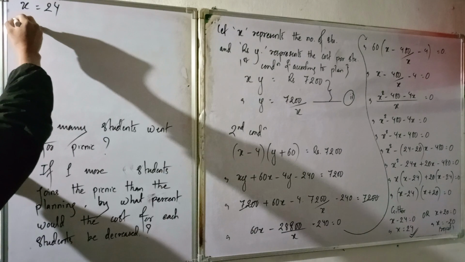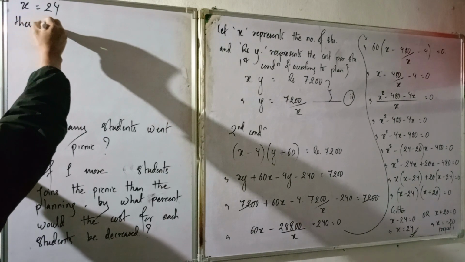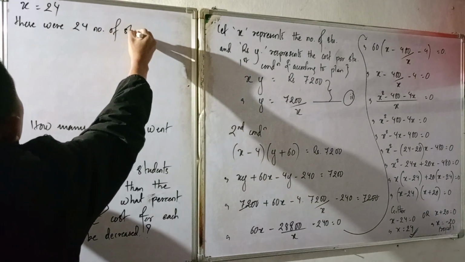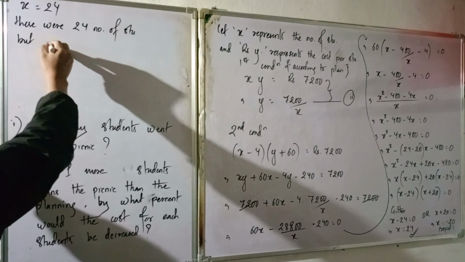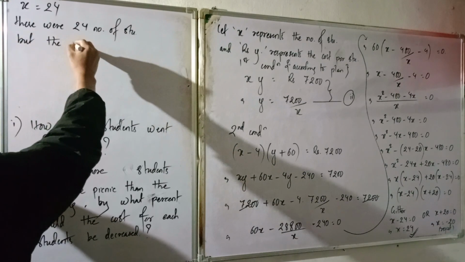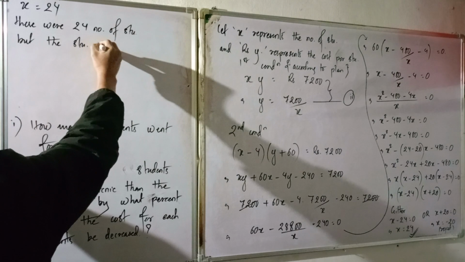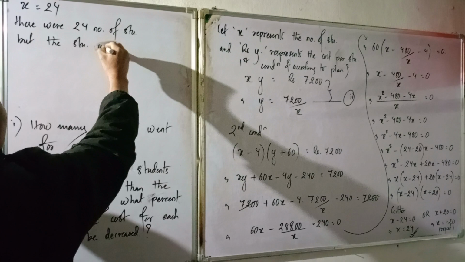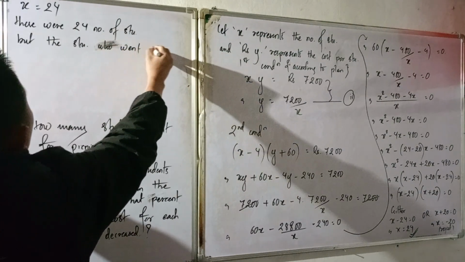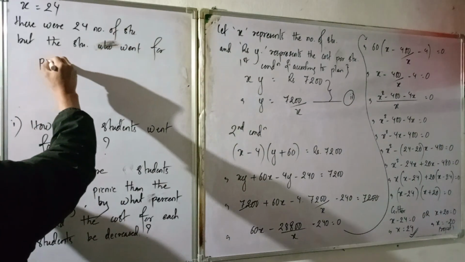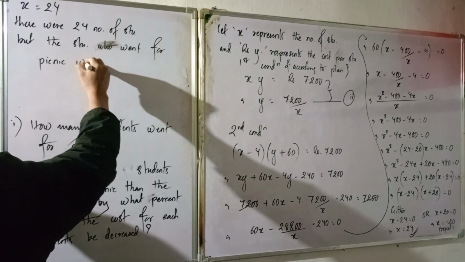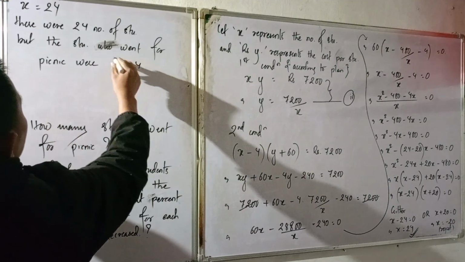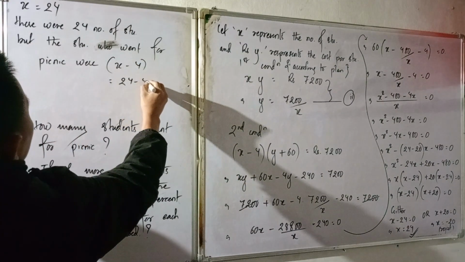In a school there were 24 students, but the students who went for the picnic were x minus 4, which means 24 minus 4, that is 20.